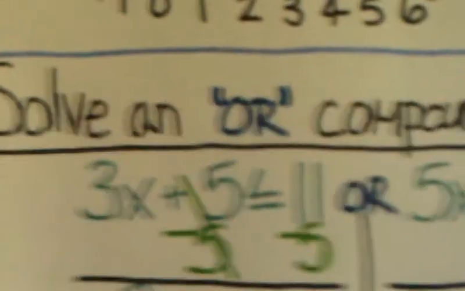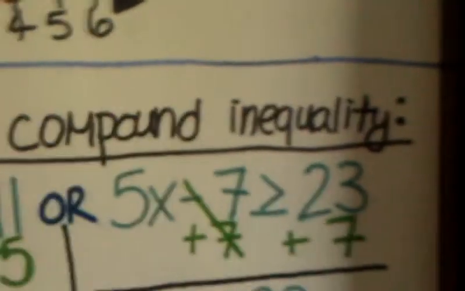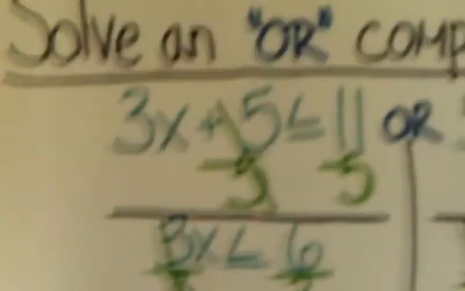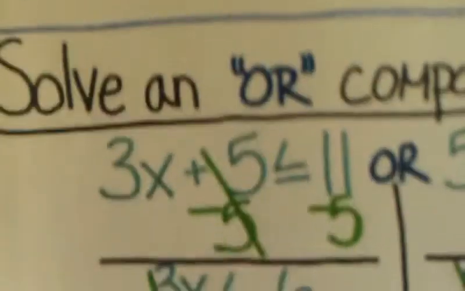Solve an or compound inequality. 3x + 5 ≤ 11 or 5x - 7 ≥ 23. We'll do this one first. You subtract 5 from both sides.